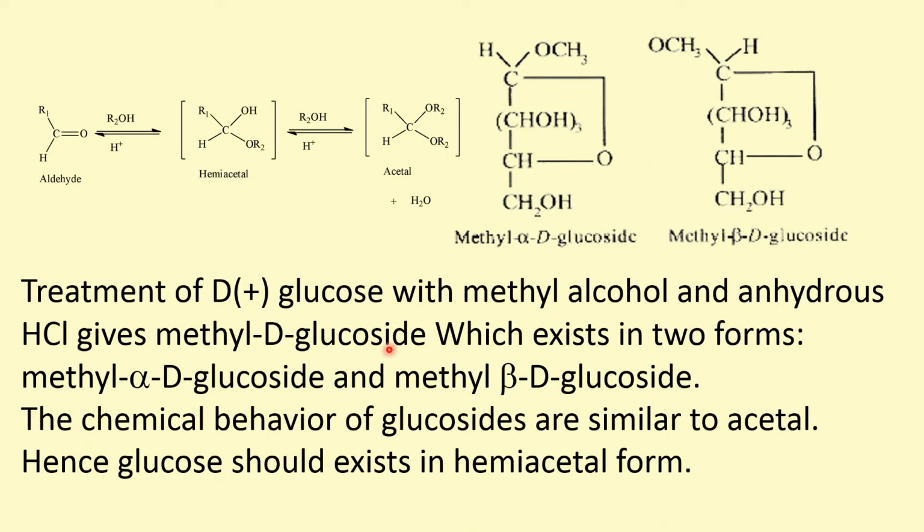So, treatment of D plus glucose with methyl alcohol and anhydrous hydrochloric acid gives methyl D glucoside, which exists in two forms, methyl alpha D glucoside and methyl beta D glucoside. The chemical behavior of glucosides is similar to acetal. Hence, glucose exists in hemiacetal form.